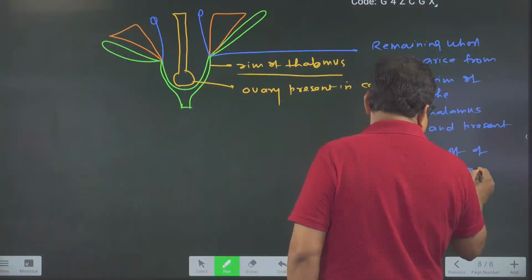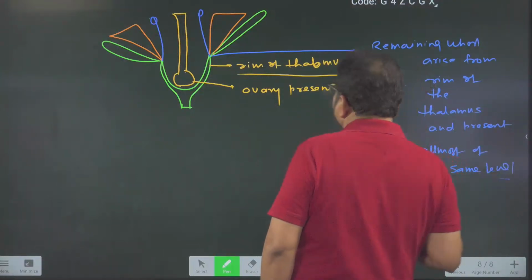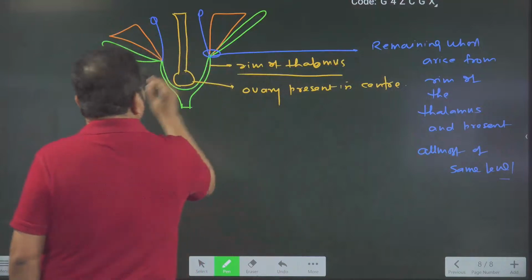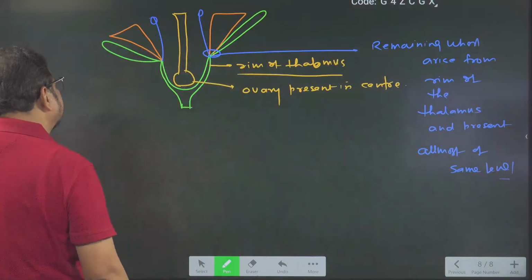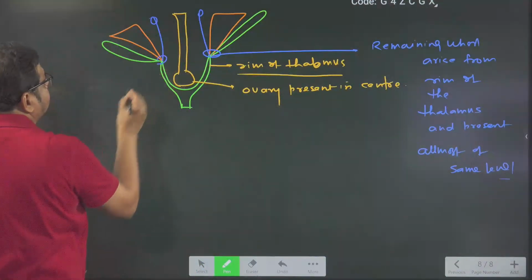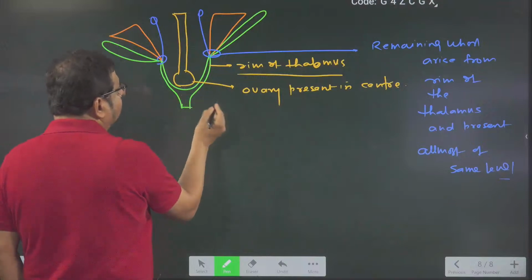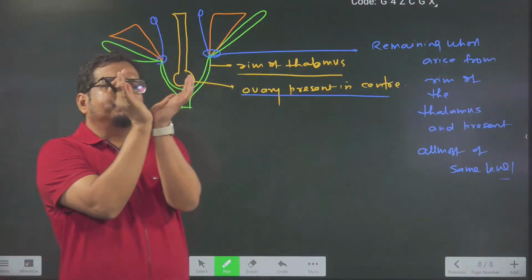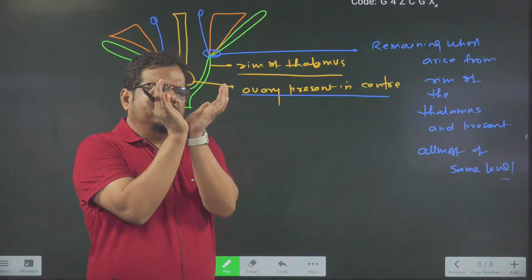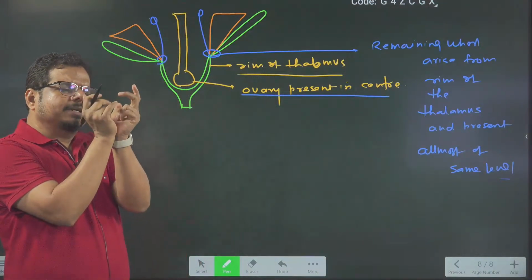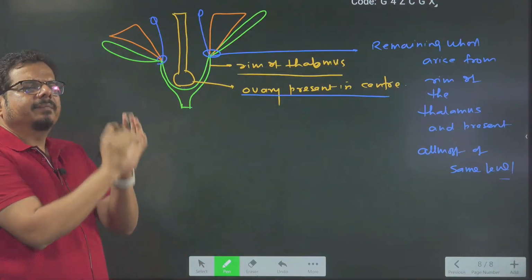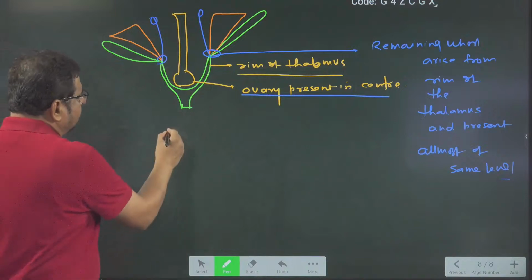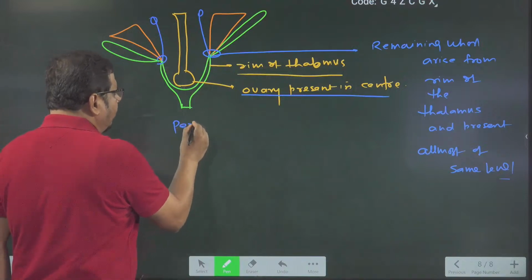These three whorls are arising from the rim of the thalamus, and they are present almost at the same level. Who is present in the center? Ovary is present in the center. So you are finding a cup-shaped structure forming. Thalamus is forming a cup-shaped structure. So this is the center and this is the rim. Did you get the idea? So these are the conditions we are finding in perigynous.